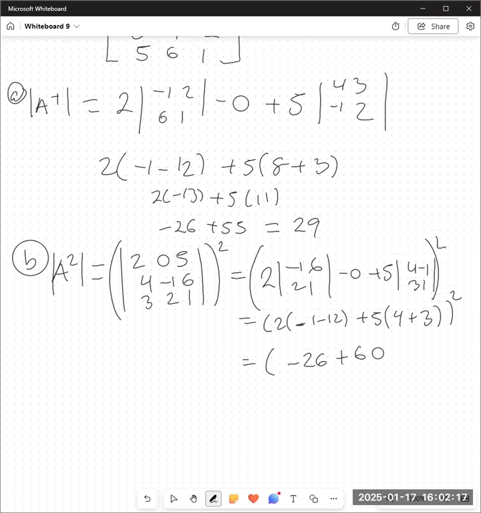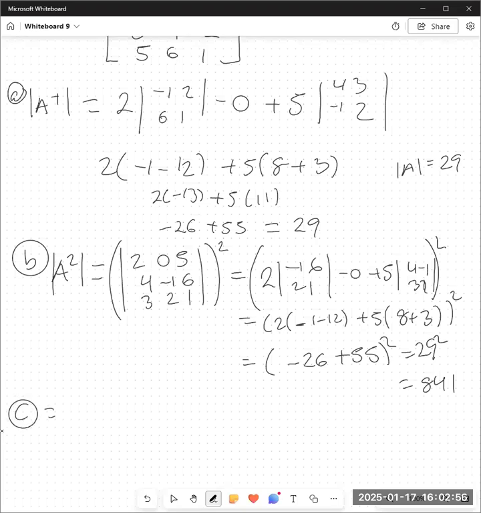This is a 2, so that is an 8, plus 3, that's 11, so 5 times 11 is 55. So that is 29 squared, which is 232. No, 841. And then the determinant of A is 29. We've found that here, that was what was inside there that was being squared.